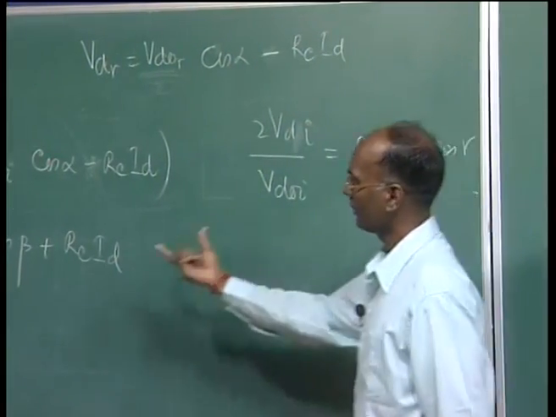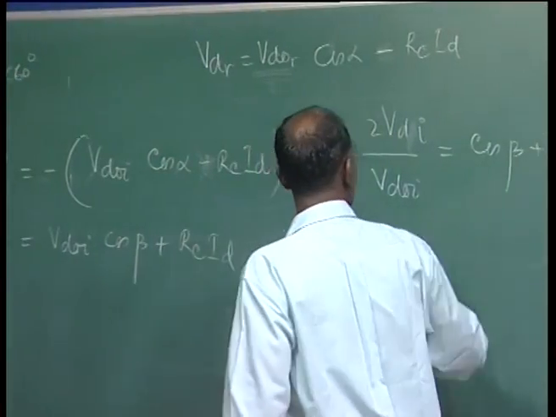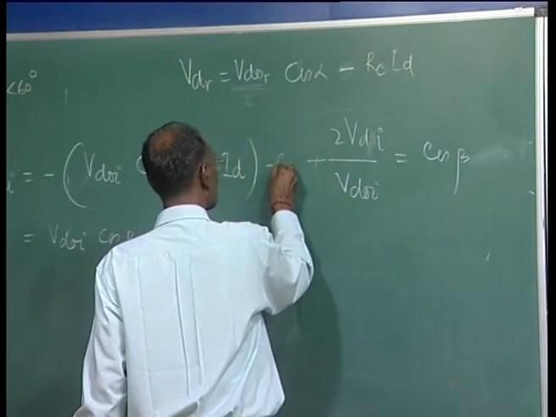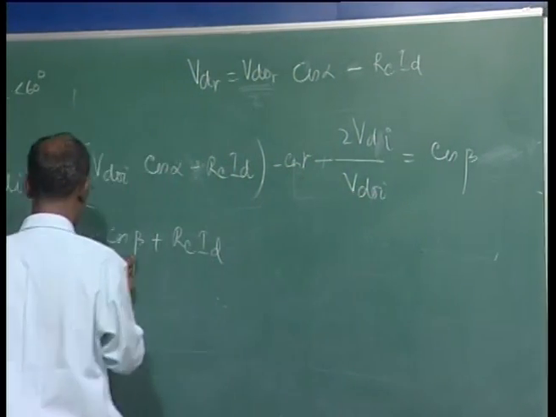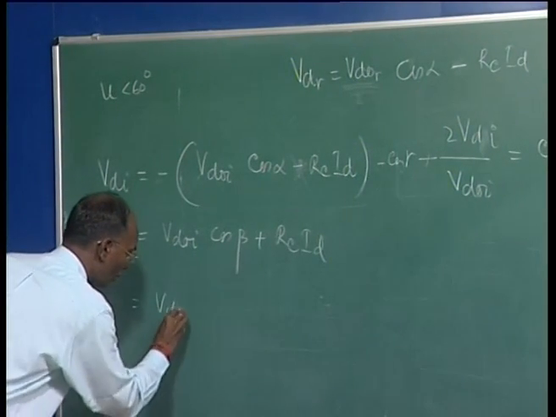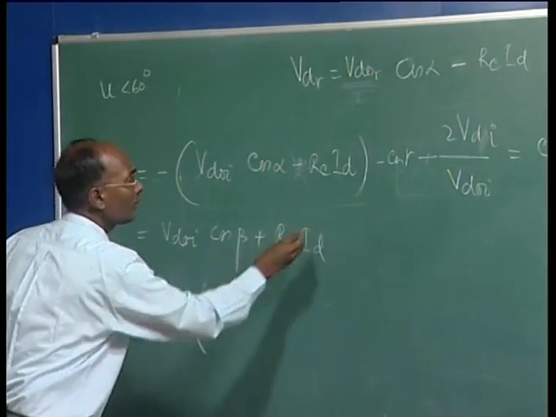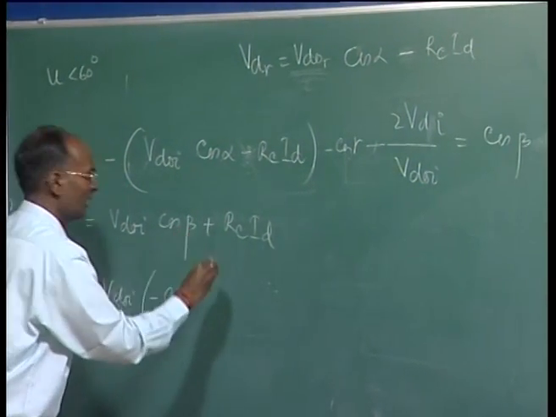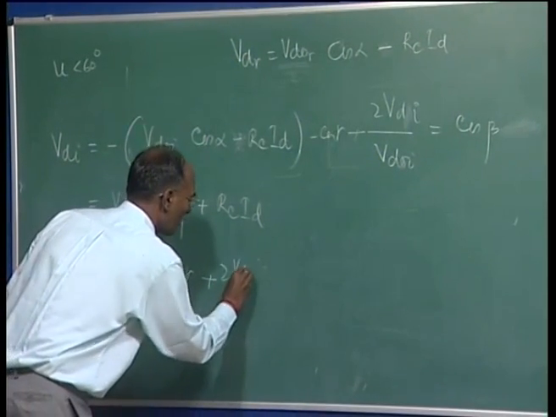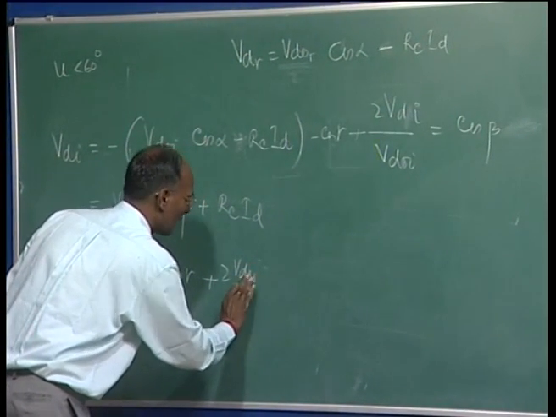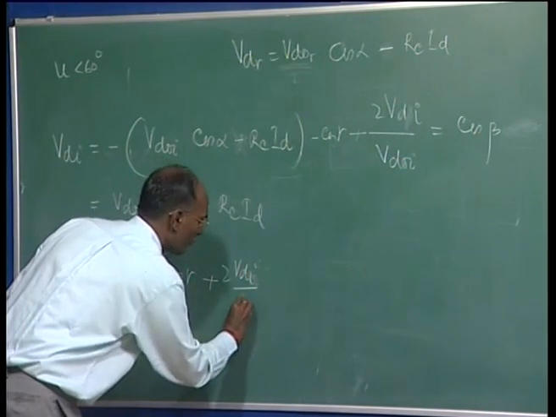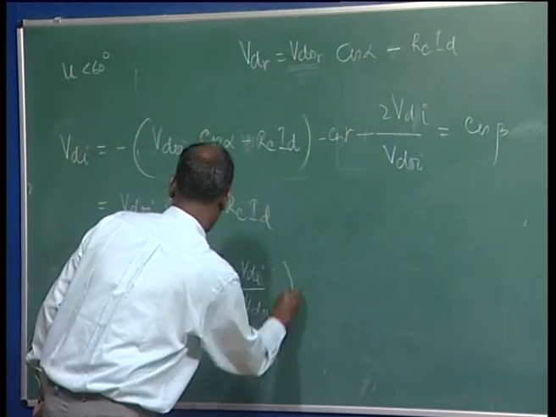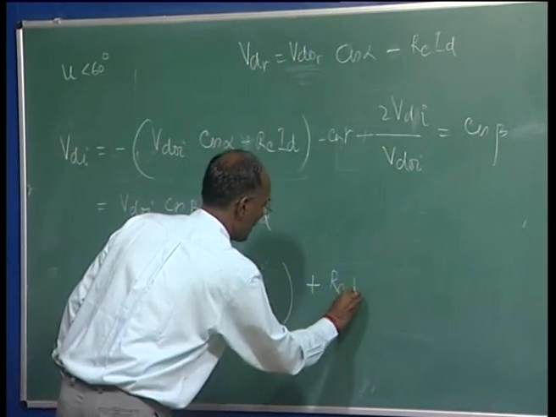Put this value here, meaning I can say this is nothing but here plus minus cos gamma. Just put this value here, we are going to have your VDO I, this value we are going to put, minus cos gamma plus twice VDI divided by VDO I, here plus your RC ID.